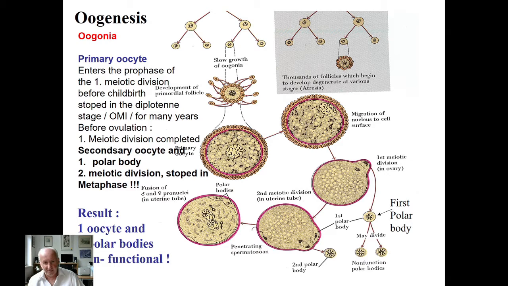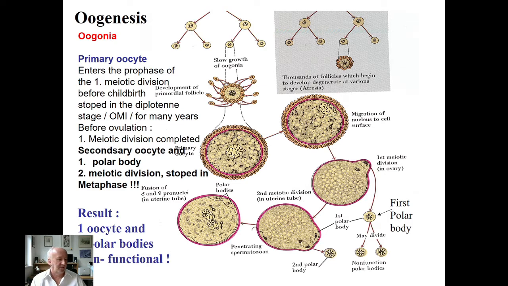And the prophase will run through the leptotene stage, zygotene stage, pachytene stage, which happens with crossing over, and the next stage is called diplotene. And now Mother Nature is stopping the whole division in the diplotene stage of the prophase of the first meiotic division.